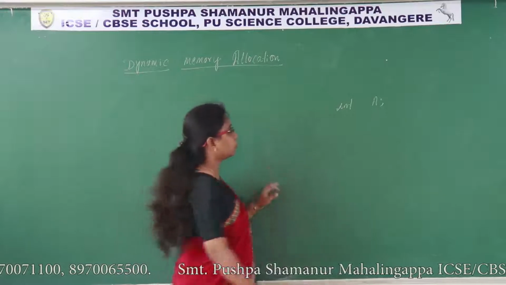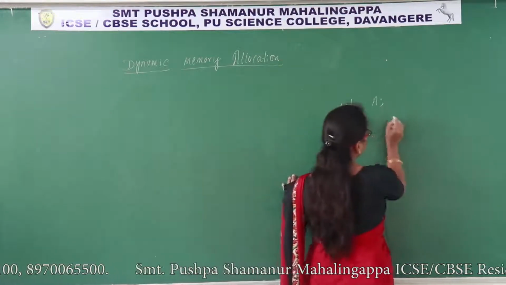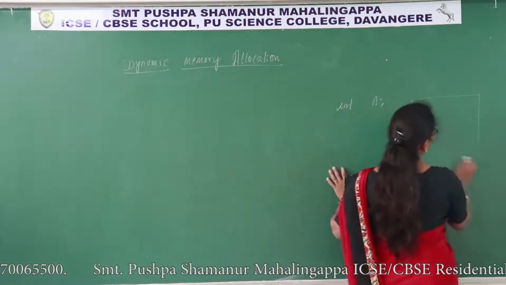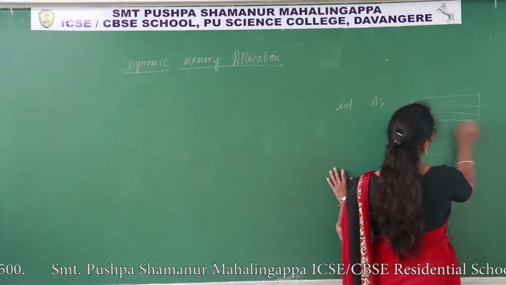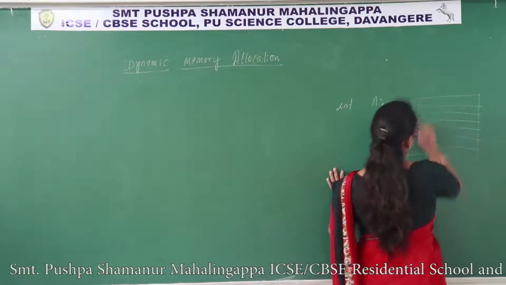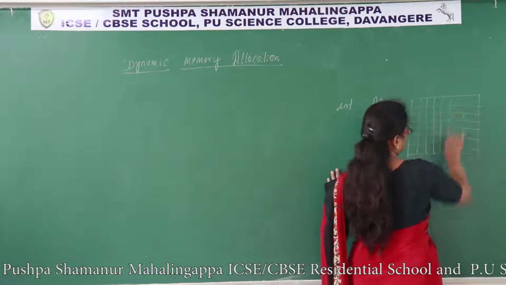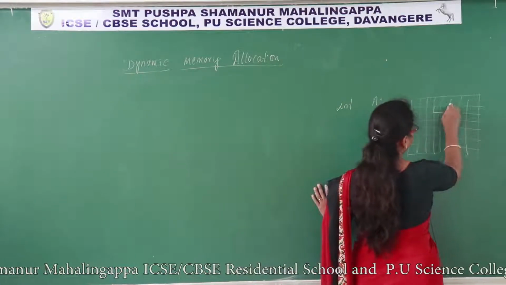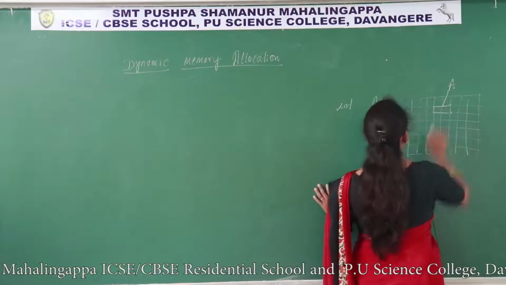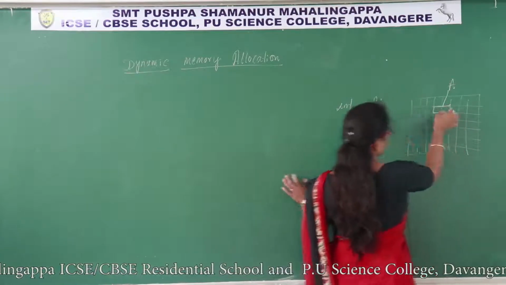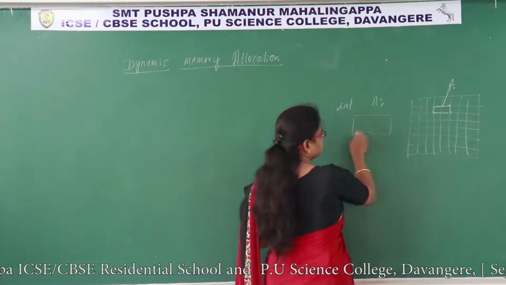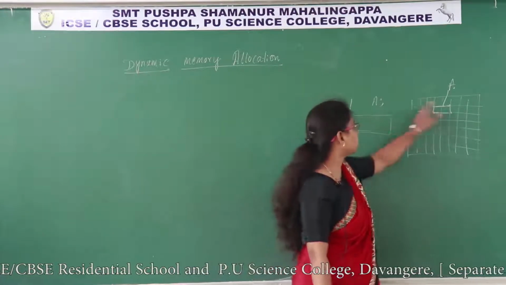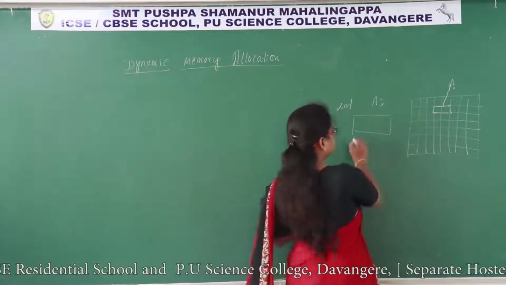Isn't it? So what happens when you write this instruction in RAM? Somewhere 2-byte memory will be allocated. Its name is a. I'll extract this memory and show you here. This is the 2-byte memory I have taken here.